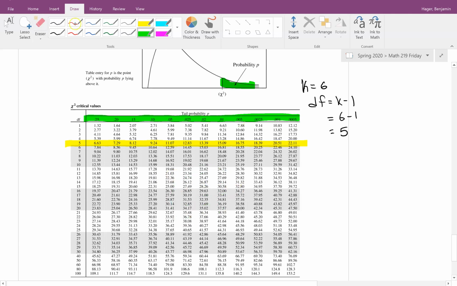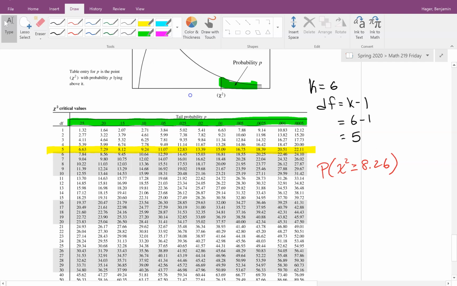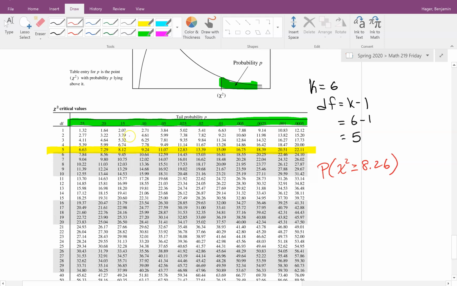So I was looking for the probability of getting a chi-squared value greater than 8.26, I think was what I found. So let me get as close as I can to 8.26. There's 6.63. It would be right around here, wouldn't it? It'd be somewhere in between 8.1 and 9.2, but pretty darn close to this 8.2.